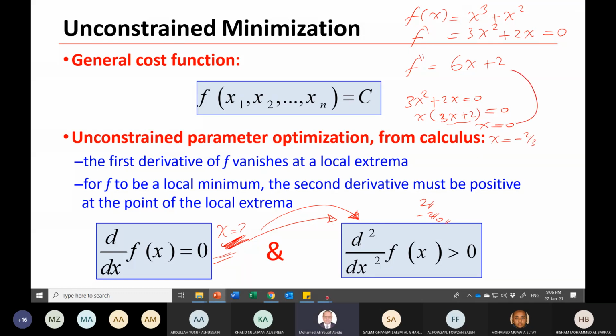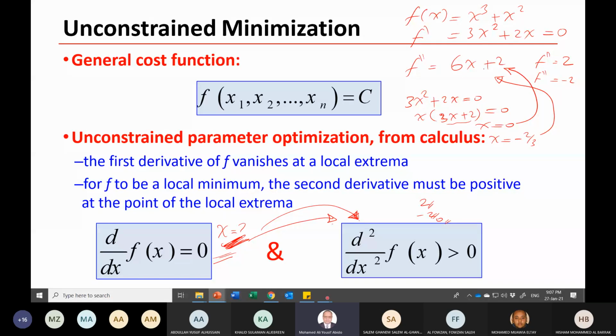You take this x and substitute it here. How much is f double prime if x equal to 0? It is 2. Am I right? Yes. If x equal to minus 2 over 3, f double prime is minus 2.